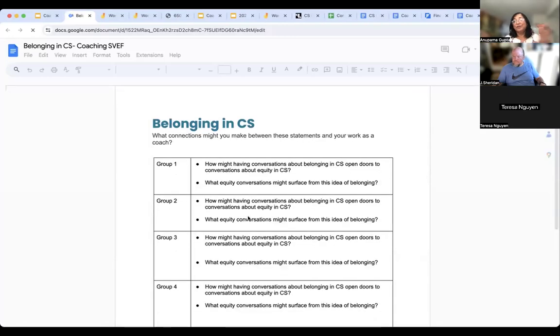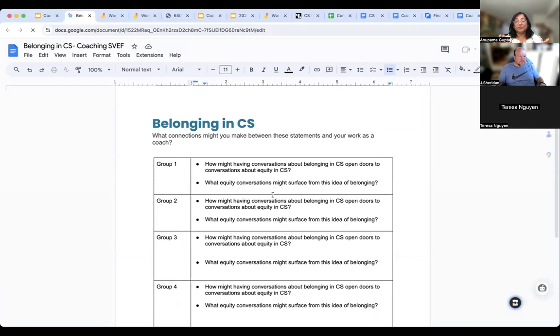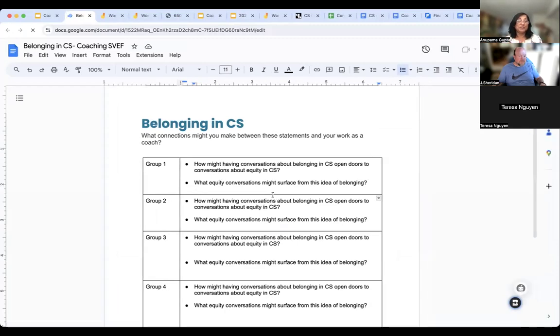this was when we had more people, we would have gone into breakout rooms and in pairs completed these questions. So Teresa and Joshua, maybe you can each be on the same one, or you can choose. You can be in group 1 and group 2 and respond to these questions. How might having conversations about belonging in CS open doors to conversations about equity in CS? Just a few bullet points.